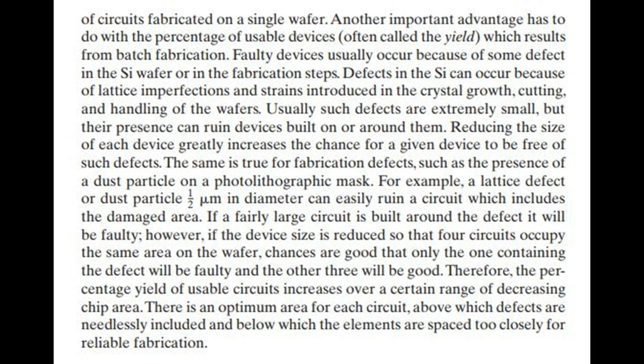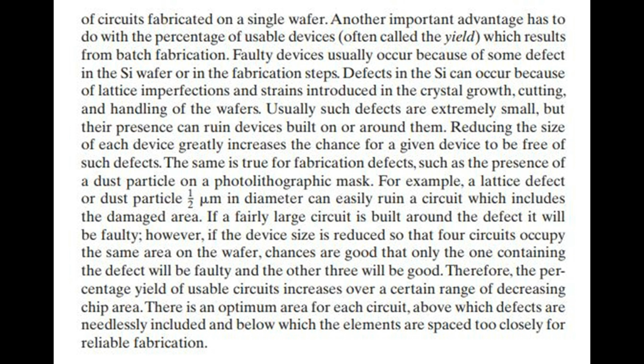Faulty devices usually occur because of some defect in the silicon wafer or in the fabrication steps. Defects in the silicon can occur because of lattice imperfections and strains introduced in the crystal growth, cutting, and handling of the wafers. Usually such defects are extremely small, but their presence can ruin devices built on or around them.